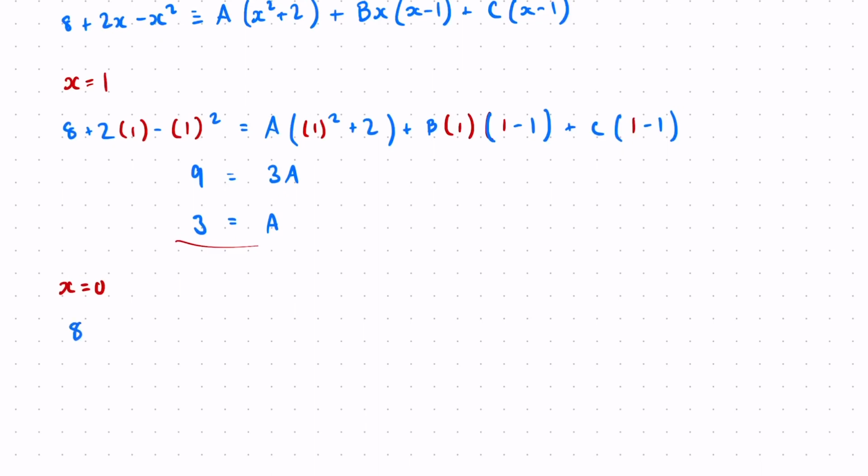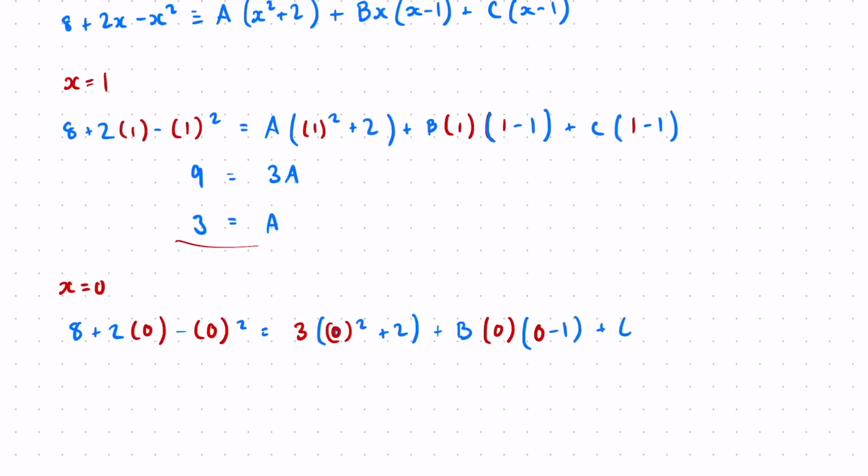So I've got 8 plus 2 lots of 0 minus 0 squared is equal to my a, which is actually 3, lots of 0 squared plus 2, plus b, lots of 0 minus 1, plus c, lots of 0 minus 1.